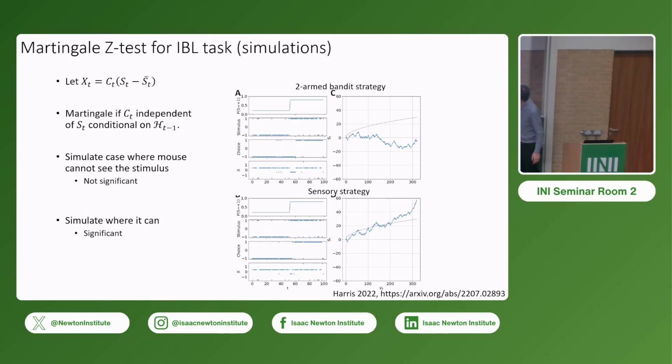We fix that ahead of time, and we always stop it here. And if this value is greater than the 95th percentile of the Z statistic, then we get statistical significance. So we get it here when the mouse can see the stimulus, but not where it can't.